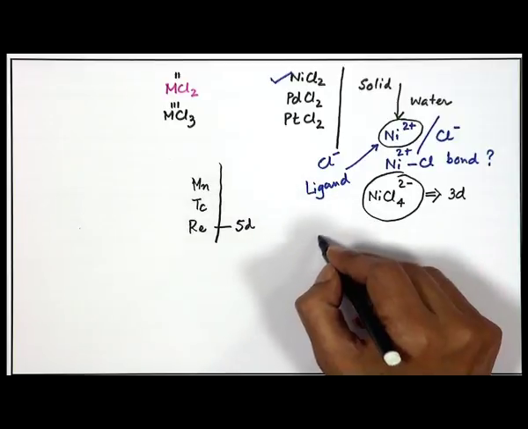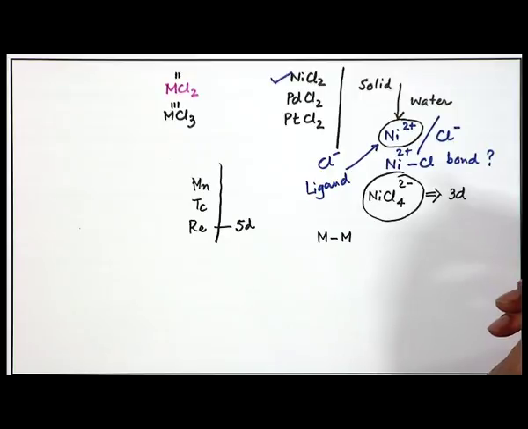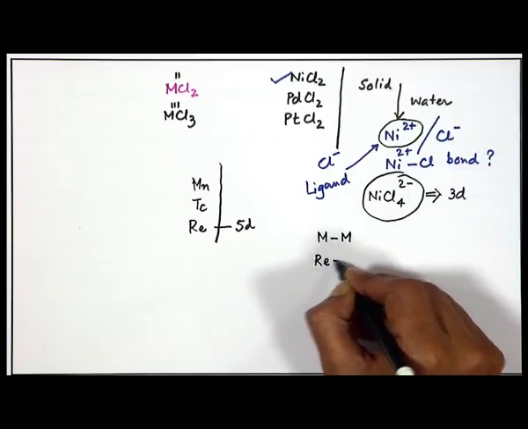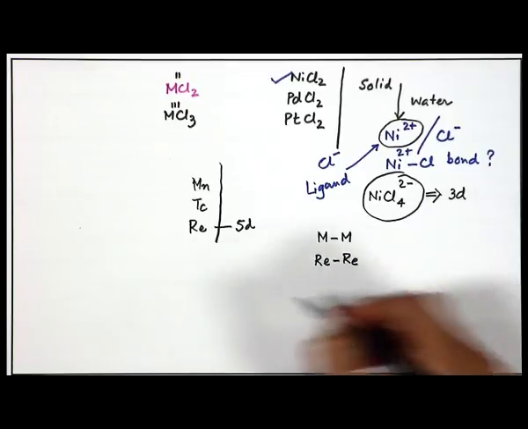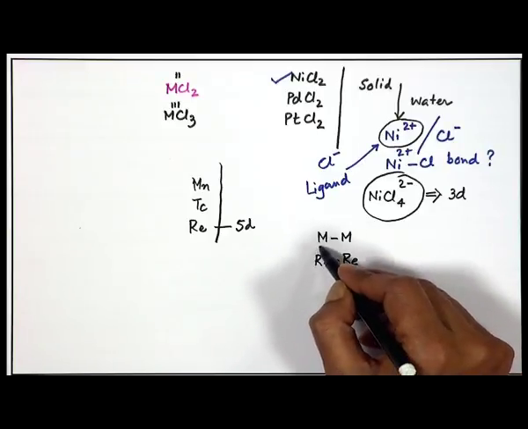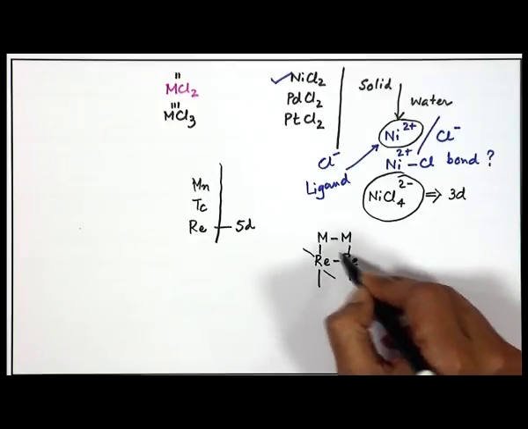There, in the discrete metal compound we can have the metal-metal bond. That means we can have a rhenium-rhenium bond, we do not know how many, but you can have the interaction, and the chlorides are bound like this.